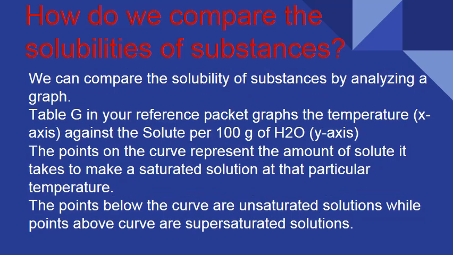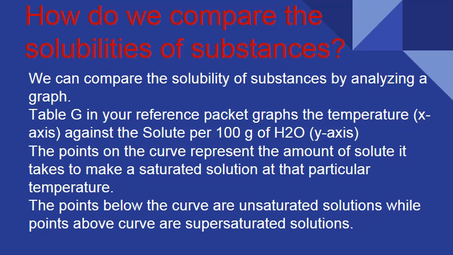Next, we'll talk about how to compare the solubilities of substances. We can compare the solubility of substances by analyzing a graph. Table G in your reference packet graphs the temperature, which is on the x-axis, against the solute per 100 grams of H2O, which is on the y-axis.